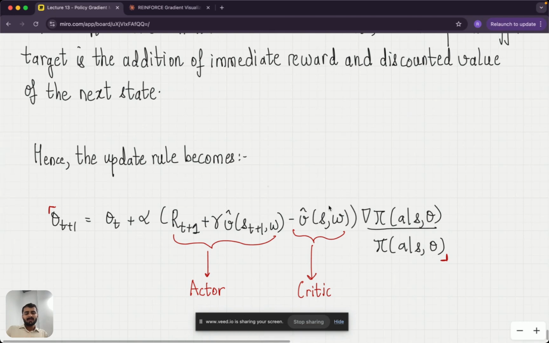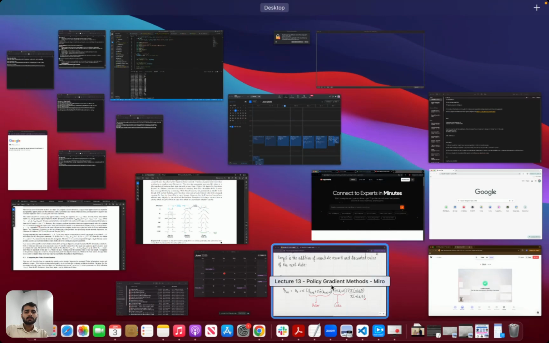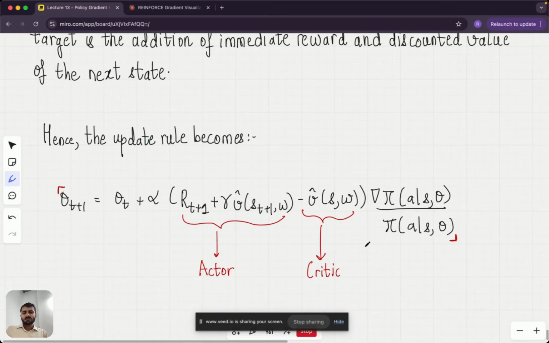The critic is the function which is the bias or the baseline, like we saw in REINFORCE with baseline, and the critic is subtracted from the actor value. So the reason it is called actor critic is not very straightforward. I think the reason it's called actor critic is because the actor is the one which is producing the actions.